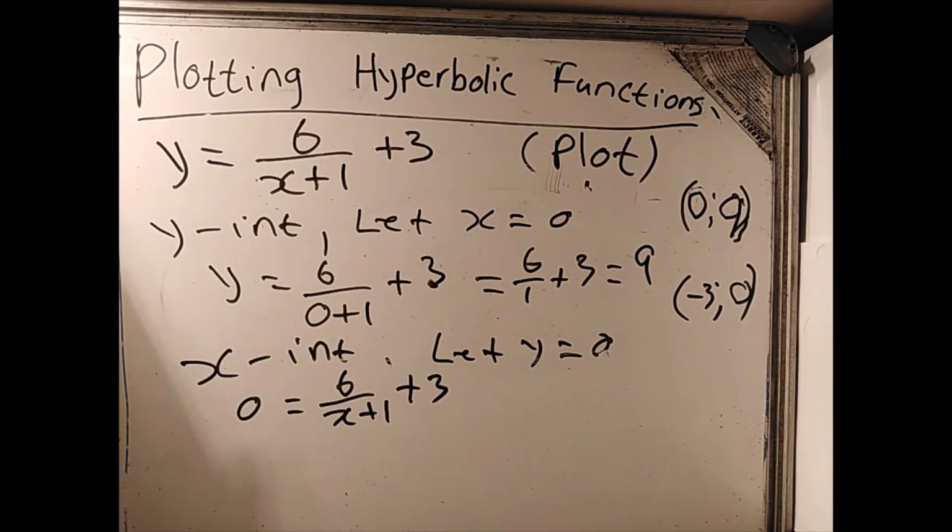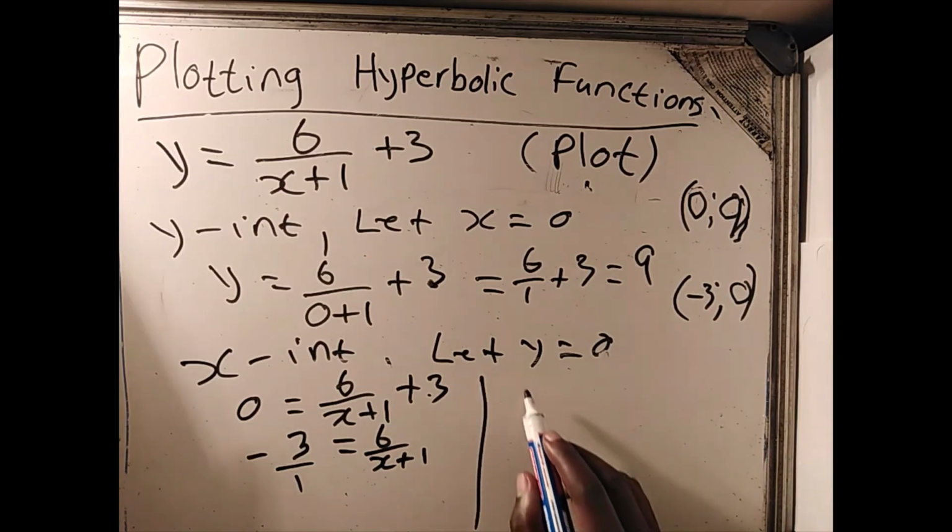Okay, and then we take this 3 to the side, and we get minus 3 equal to 6 over x plus 1, and then we divide by 1 here so that we can cross multiply. Now when we divide by 1 we get minus 3.